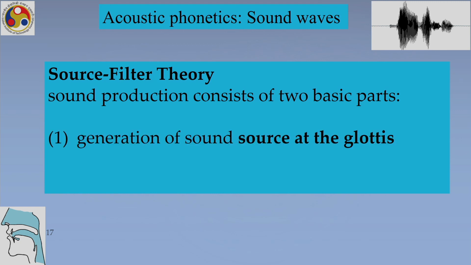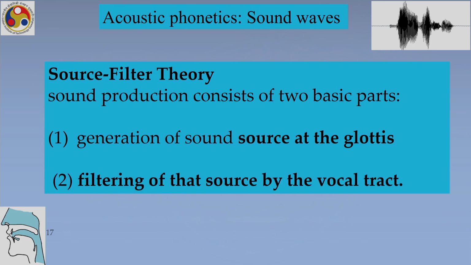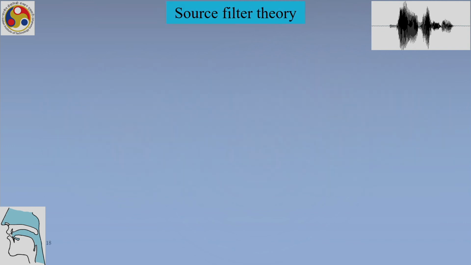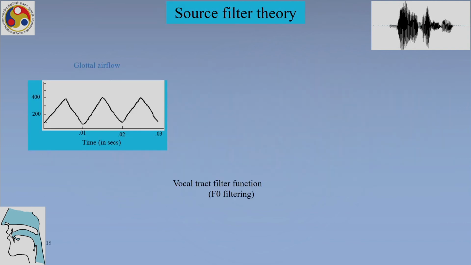What are the two basic parts? One is the generation of source sound at the glottis, and the other is the filtering of that sound by the vocal tract. So remember, there is a sound source and there is a filtering of that source. These two play a very important role in understanding speech sounds, and the rest of the lecture will be dedicated to understanding this.